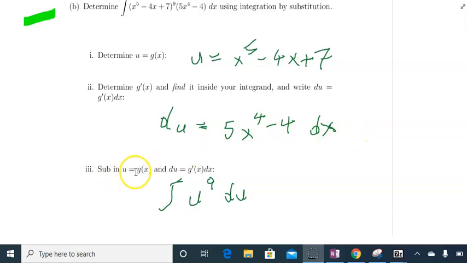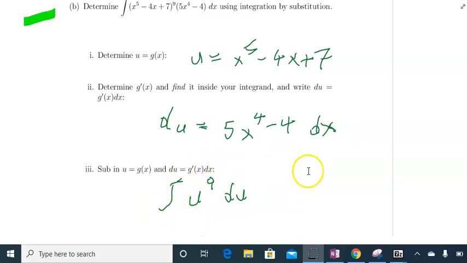Okay, substitute u equals g of x, and du is equal to g prime of x dx. So wherever you had x to the 5th minus 4x plus 7 all raised to the 9th, we input our u. So that's u to the 9th du.